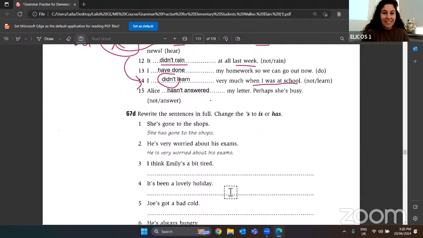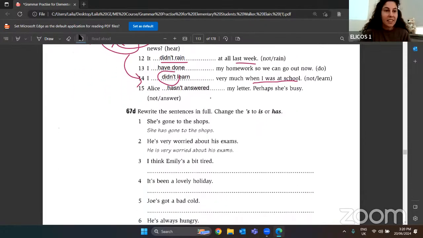Okay, let's rewrite these sentences. Maybe you need to put a possessive or is or has. Sorry, this one I think is from the verb to be. So for example, I'll read the first two. She's gone to the shops. We just want to take off the contraction and separate them. She has gone to the shops.